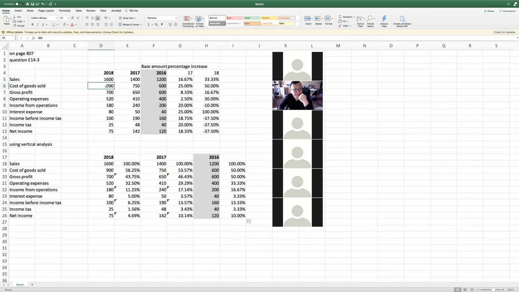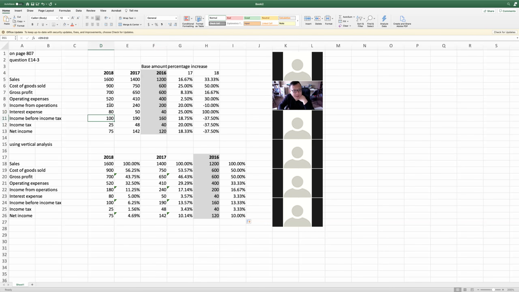So even though you have $100 more gross profit, 700 compared to 600, your operating expenses increased by 120, and your interest expenses doubled. Your interest expenses was 40, in 2018 it's 80. That means you must have borrowed more money. You probably have more liabilities.